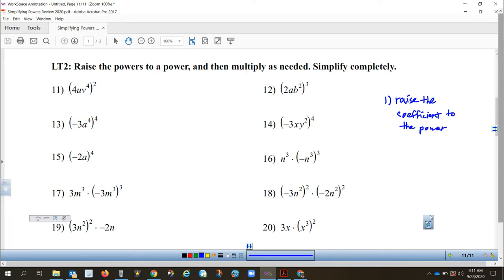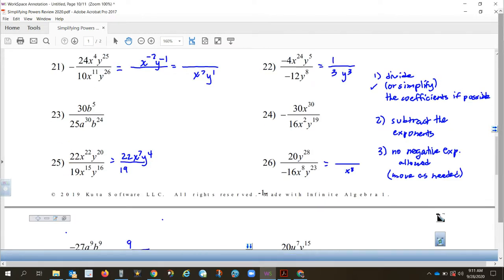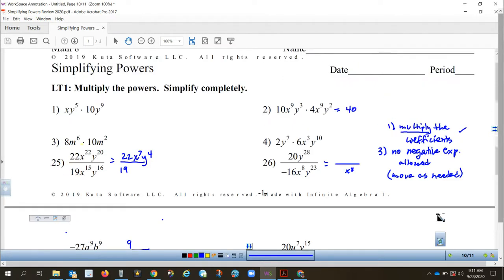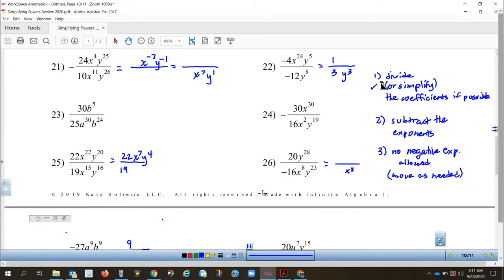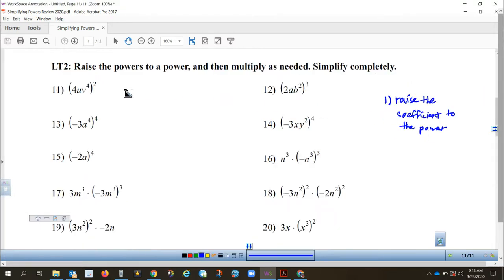All right, have you noticed the coefficients just do whatever the problem says to do? When we had a multiplication problem, we multiplied the coefficients, right? When we had a division problem, we divided the coefficients. Now we have a raising to a power problem. We're going to raise the coefficients to a power.